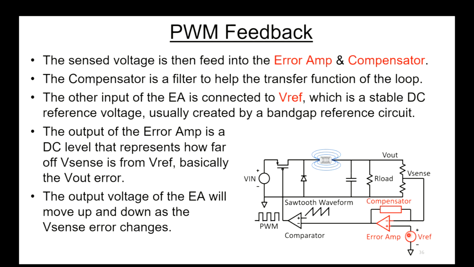The output of the error amp is a DC level that represents the error or difference in the sensed voltage from the reference voltage. You're trying to get the sensed voltage to go to the reference voltage, but if there's an error, the output of the error amp is going to move up and down depending on whether that error is positive or negative.